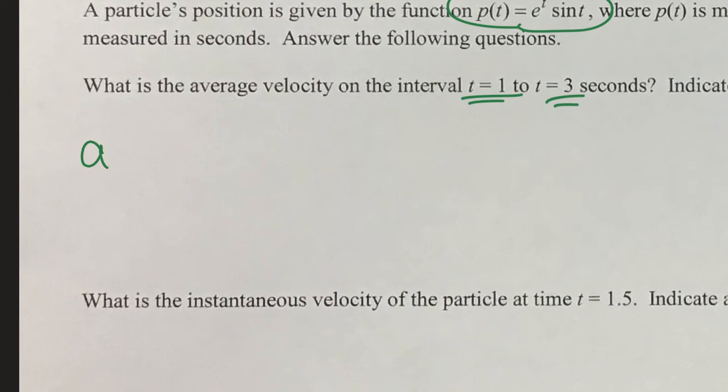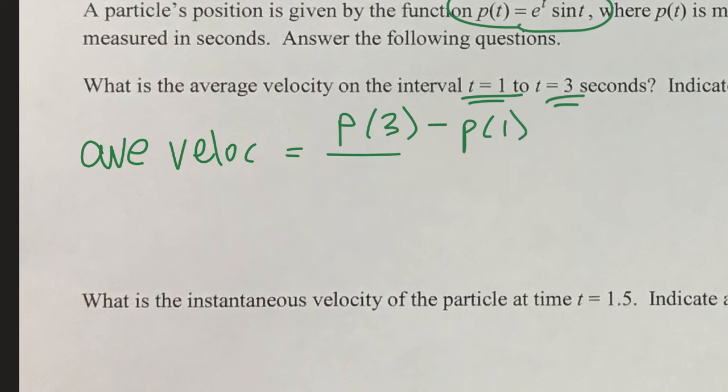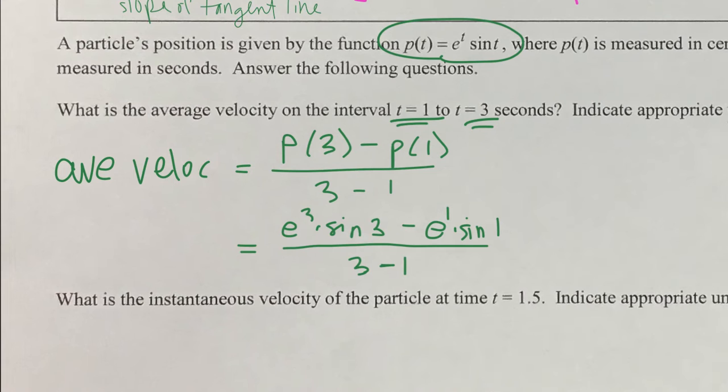So we want average velocity. So this is P of 3 minus P of 1 over 3 minus 1.